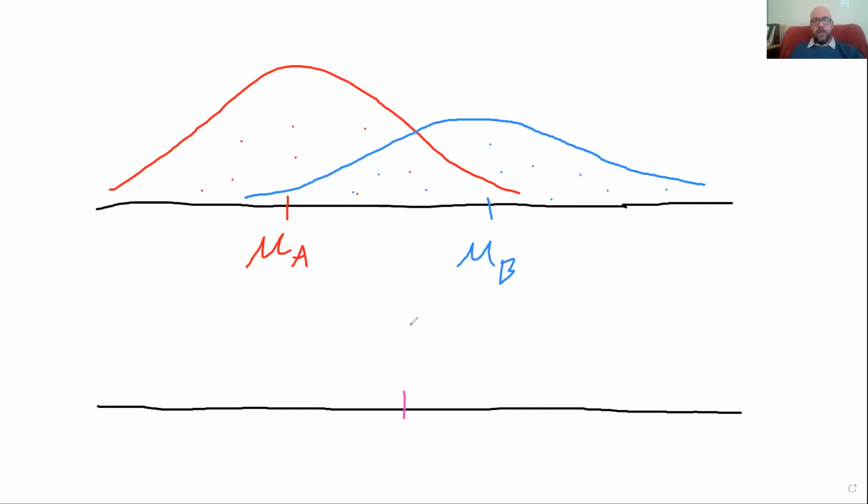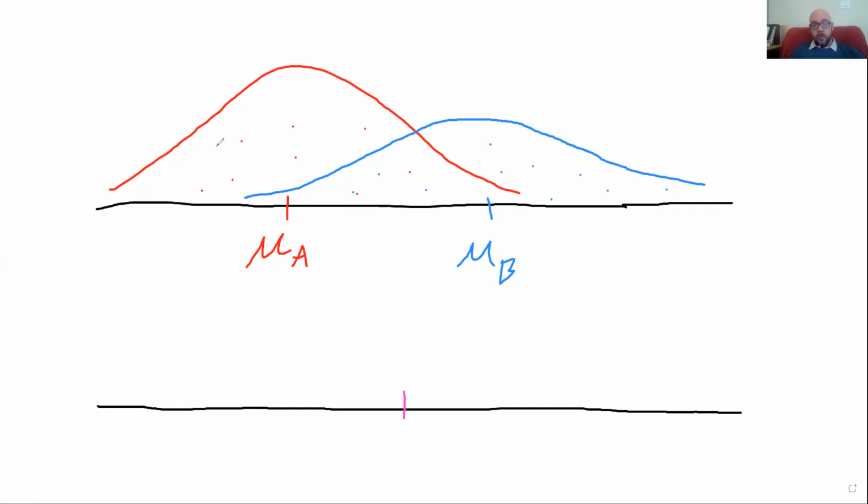One thing you want to think about is that you can get something over here that's to the left of the mean of A, minus something over here that's to the right of the mean of B, and then you get this really big negative value.